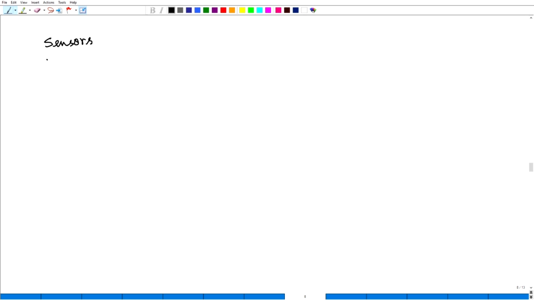So, sensors, okay. And then we did logic gates. Logic gates are important for information processing or chemical computers. Okay. So, these two, then what I did?